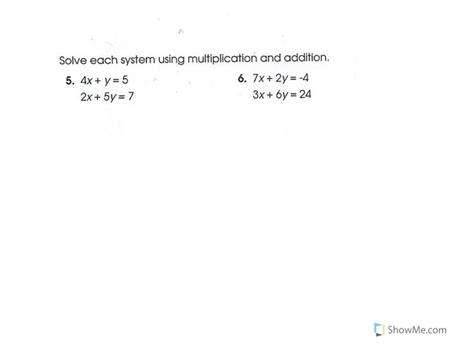Okay, number 5, we want to solve each system using multiplication and addition using the elimination method. So for number 5, you're going to look at each of these terms in columns to find out which column we should eliminate. So I'm going to eliminate the y column.